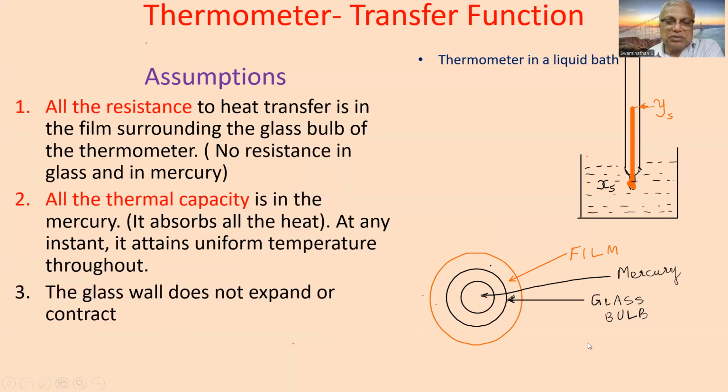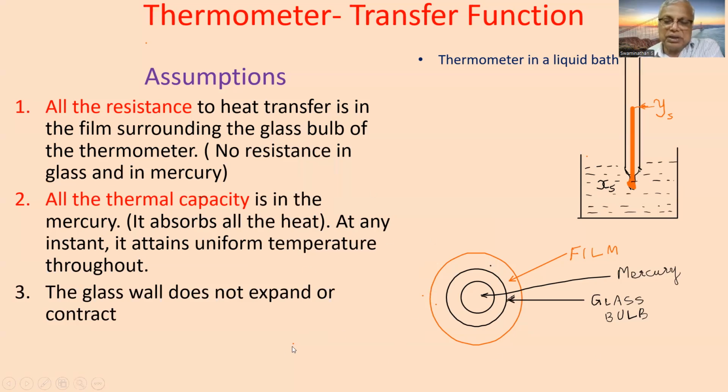Third assumption: the glass wall does not expand or contract. This is the glass bulb, and it does not expand or contract. This is a consequence of the first two assumptions. As far as the glass bulb is concerned, it is inert to the heat transfer, with neither resistance nor capacitance.